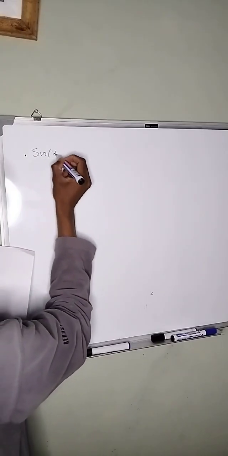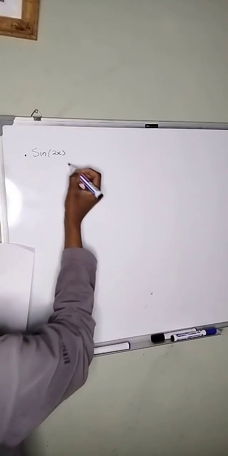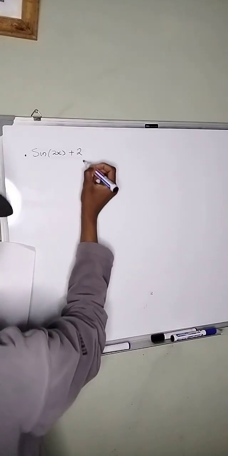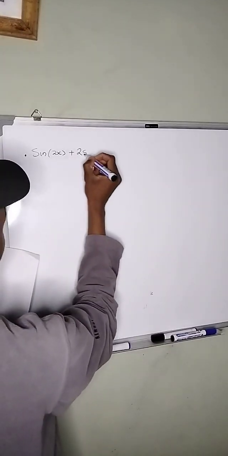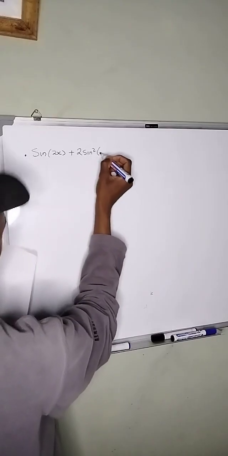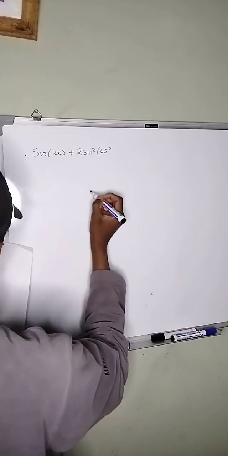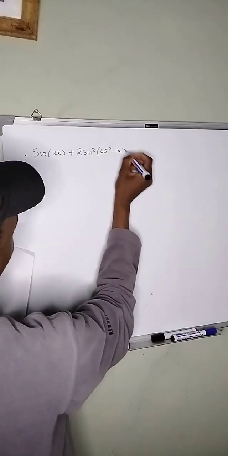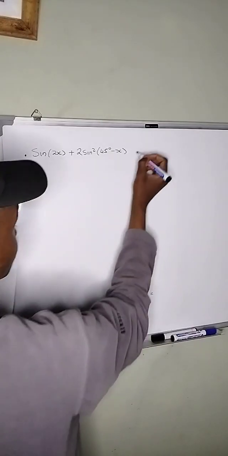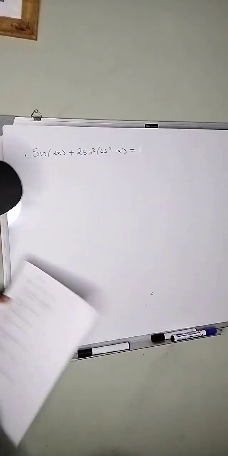This one, 2x plus 2 sine squared of 45 degrees minus x is going to be equals to 1.